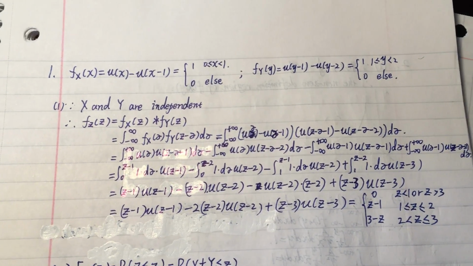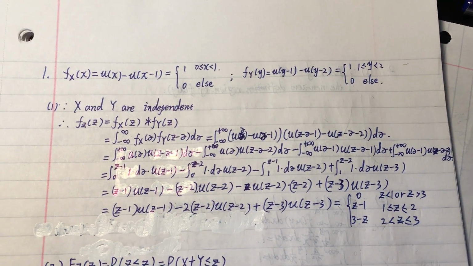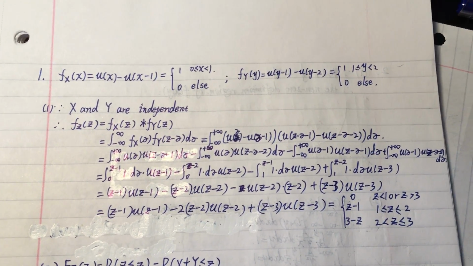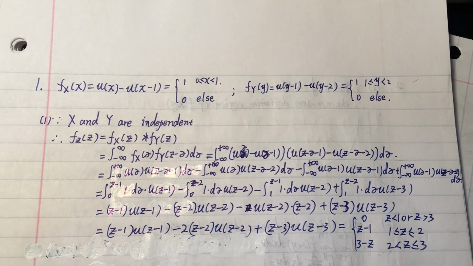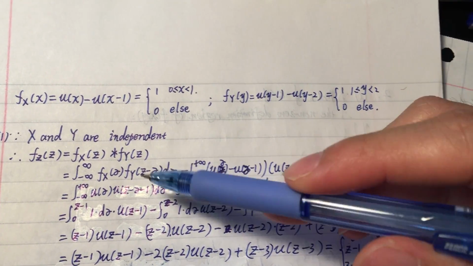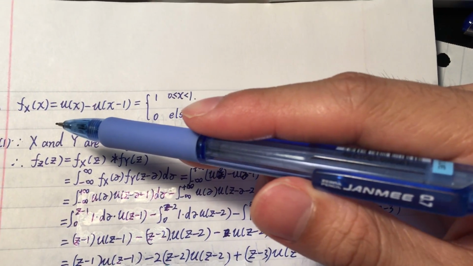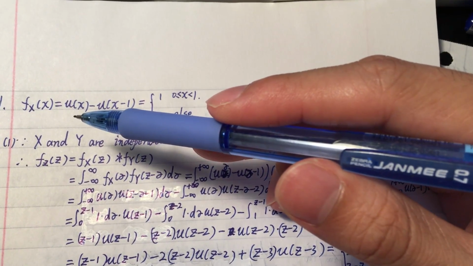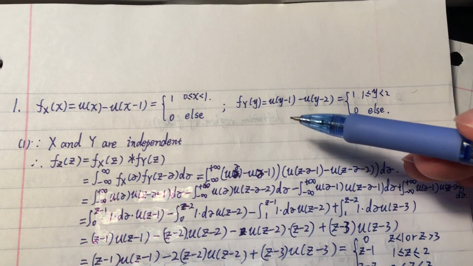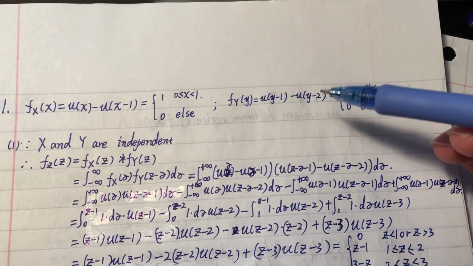We can know that because X and Y are independent, the density function of Z equals the convolution of the density function of X and the density function of Y. And we can get this integral expression, because the density function of X equals u(x) minus u(x minus 1), and the density function of Y equals u(y minus 1) minus u(y minus 2).